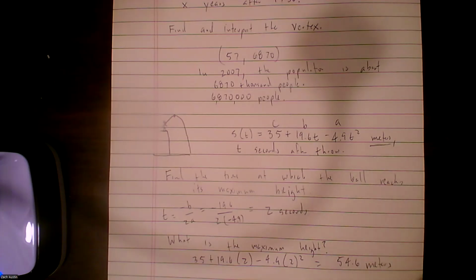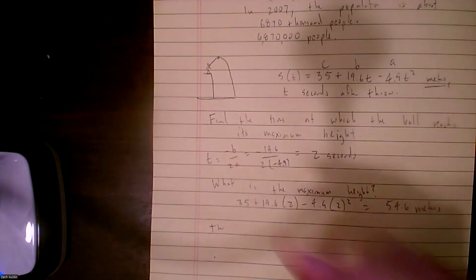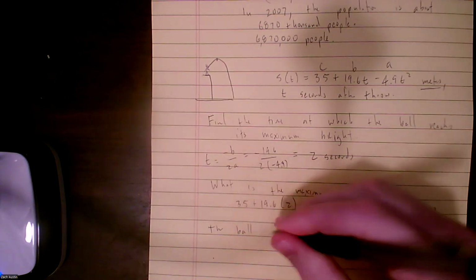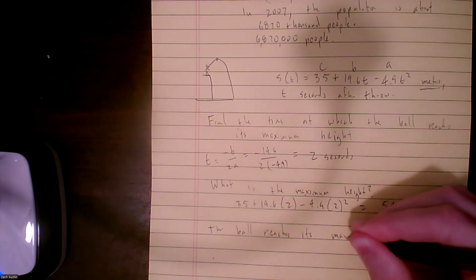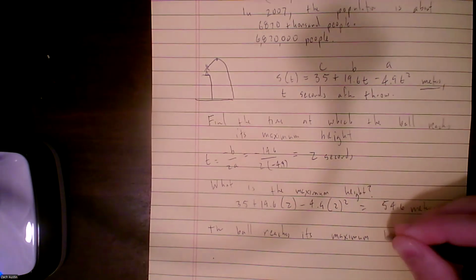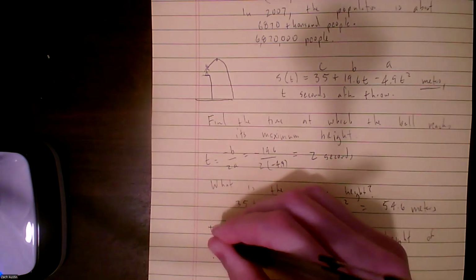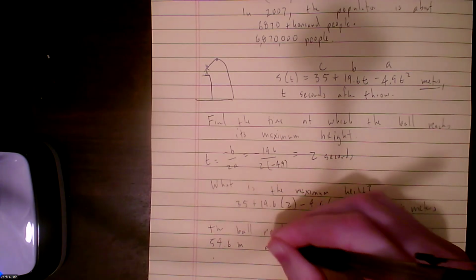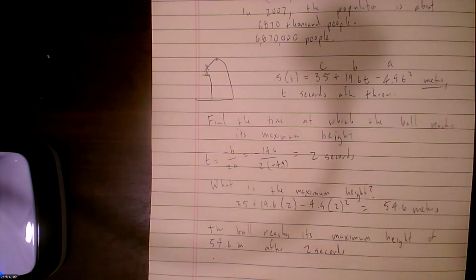So if I wanted to interpret what the vertex means in the context of the problem, I would say something like the ball reaches its maximum height of 54.6 meters after 2 seconds. Okay, make sure you get the x value in its units, the y value in its units on there when you're doing an interpretation.